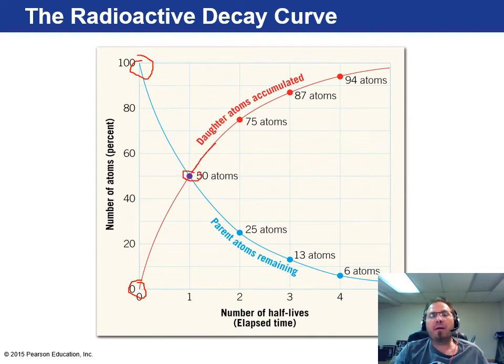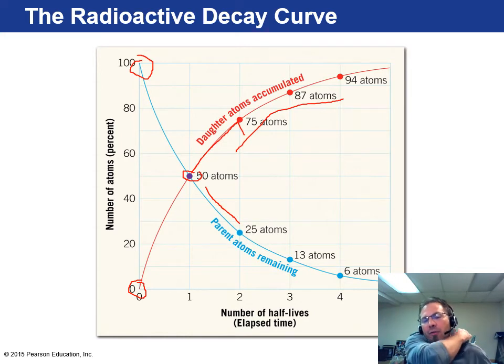And then up here you have the byproducts, what they call the daughter atoms. So as you get more daughter atoms, you're getting less of the original, let's say, uranium atom, or rubidium, or whatever they're using, so that you get less and less of what was there originally.